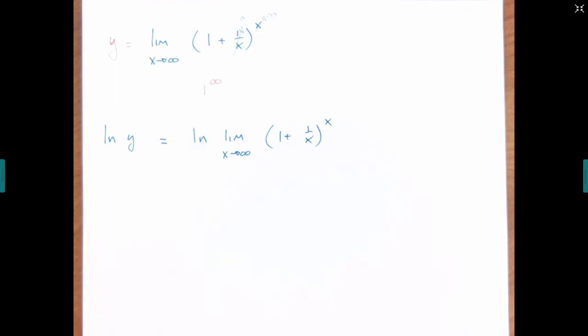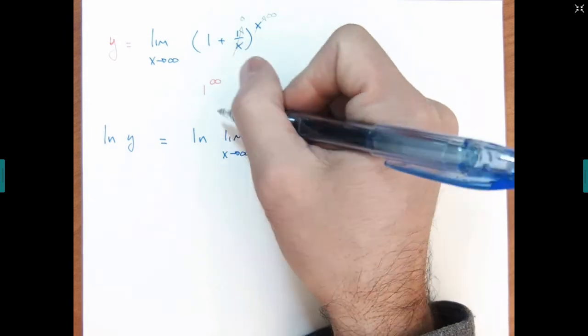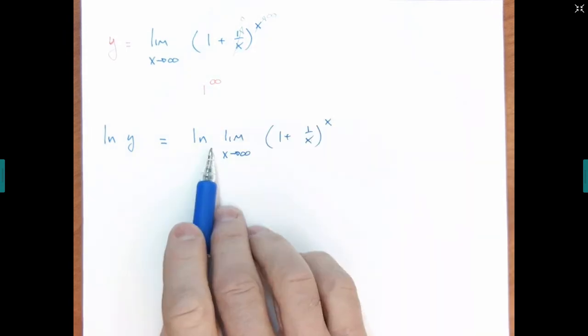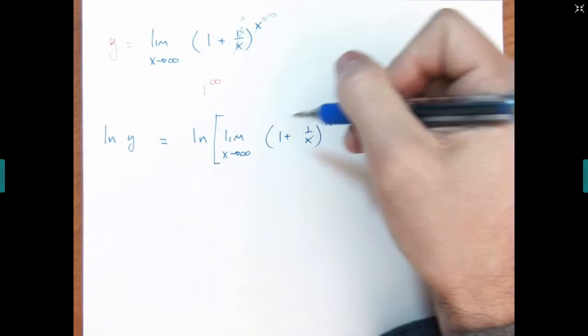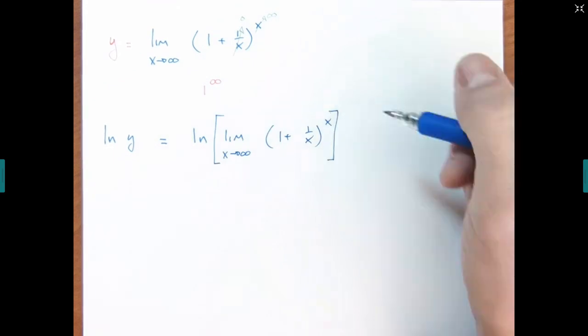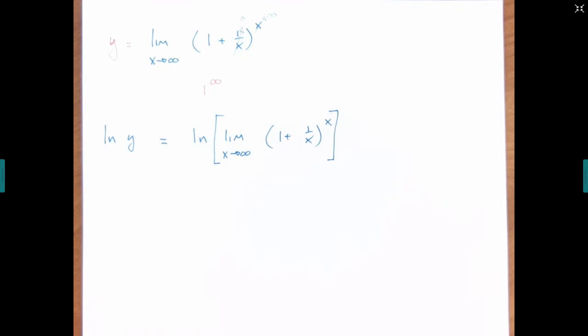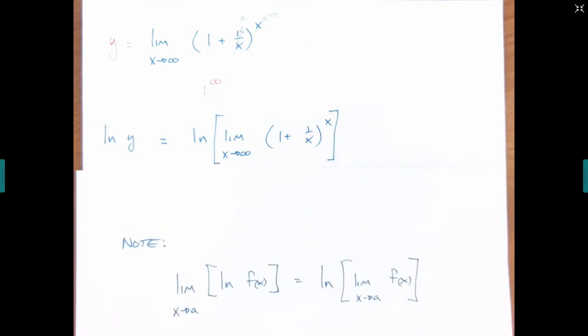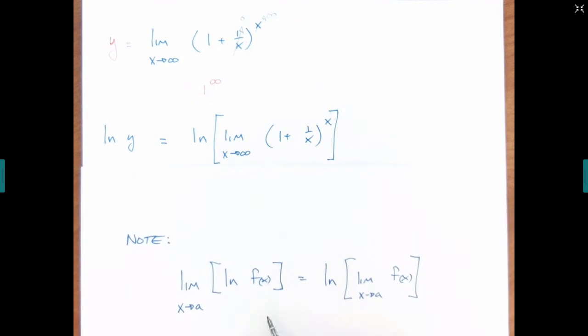Now just a note, if this is bothering you a little bit right here, where I have the natural log of this limit, let me put some big square brackets around here to kind of be dramatic and draw a little attention to it. We've dealt with limits and logarithms before, so just a little note.